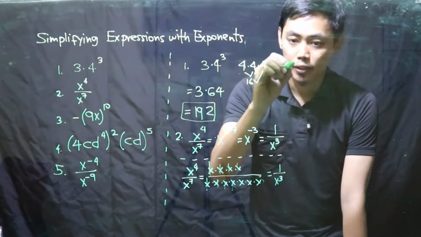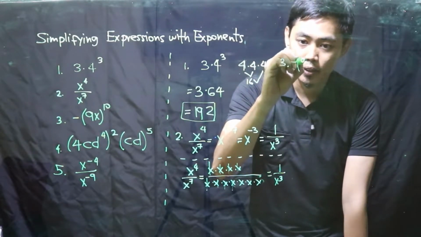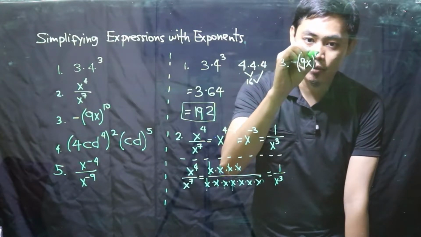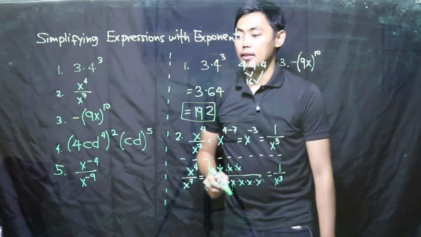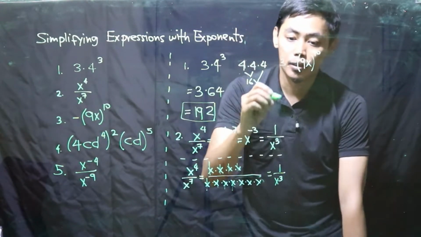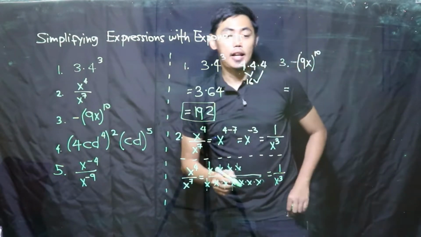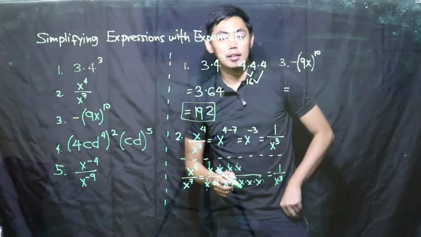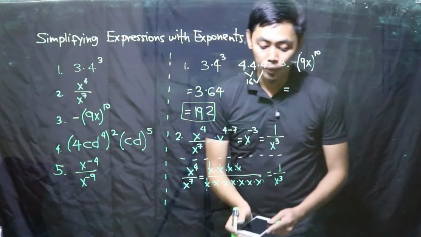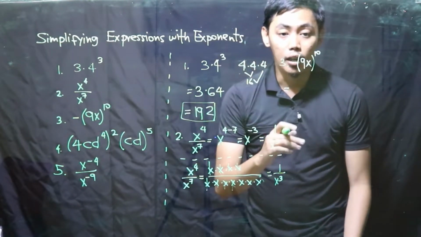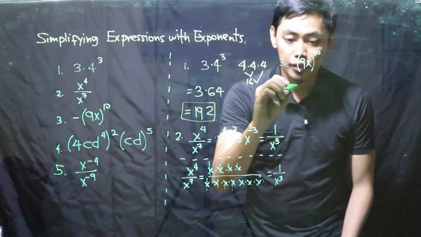We have negative 9x to the power of 10. What is negative 9x to the power of 10? First, we will evaluate this.